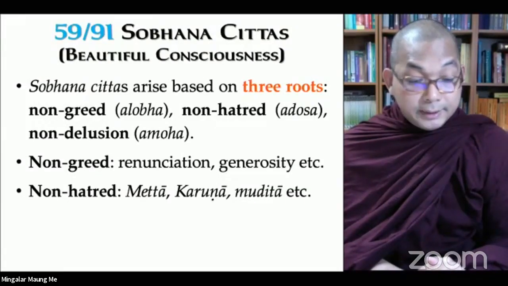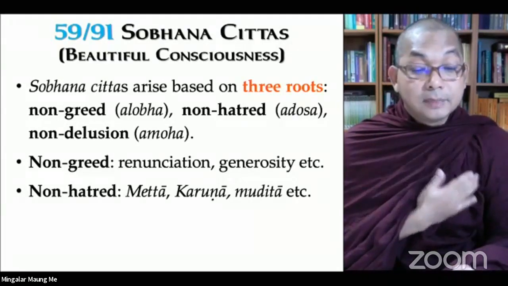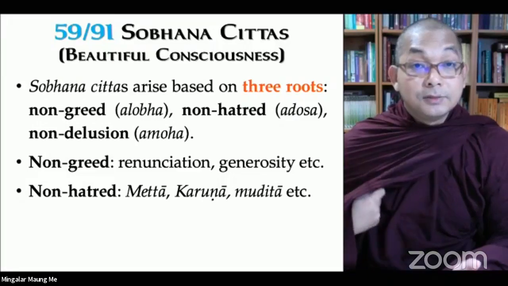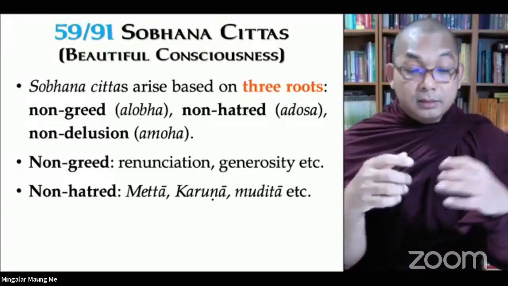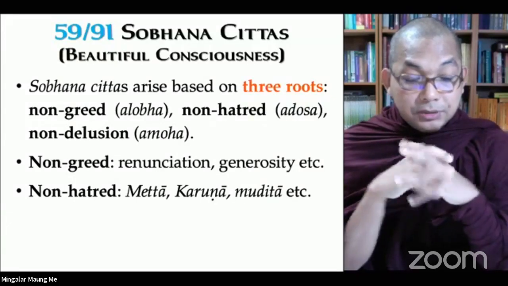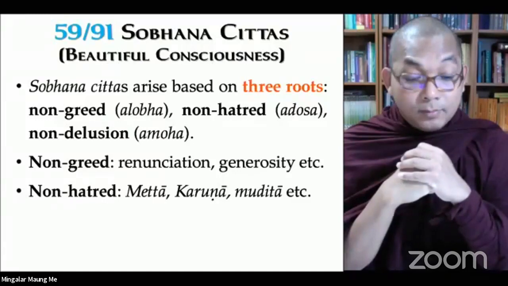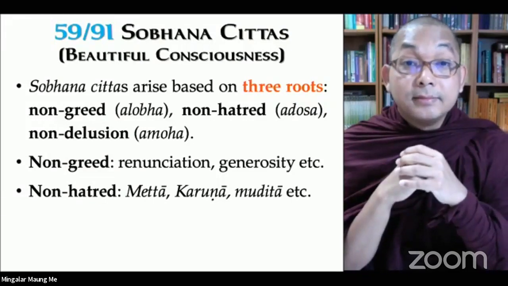Another one is non-hatred. If you don't have hatred or anger in your mind, that is called non-hatred. We can explain non-hatred according to the Noble Eightfold Path. Loving kindness, metta.